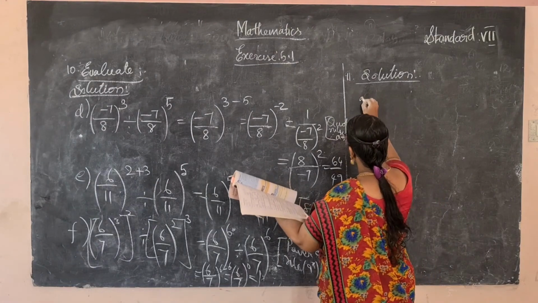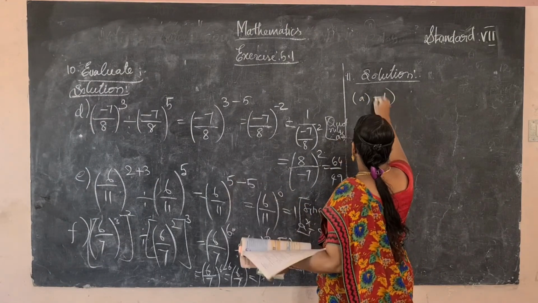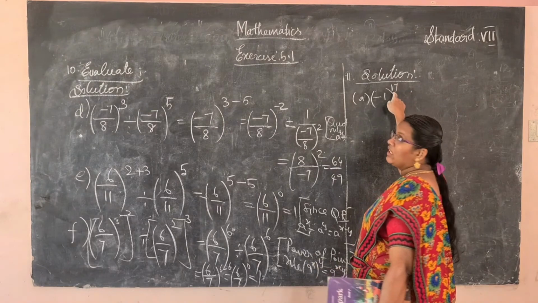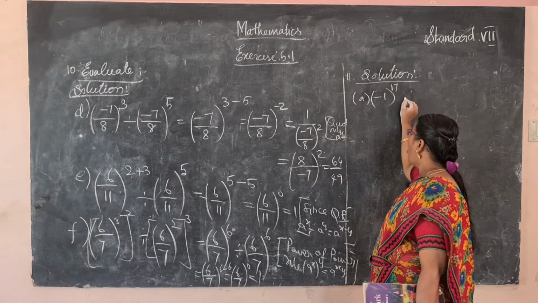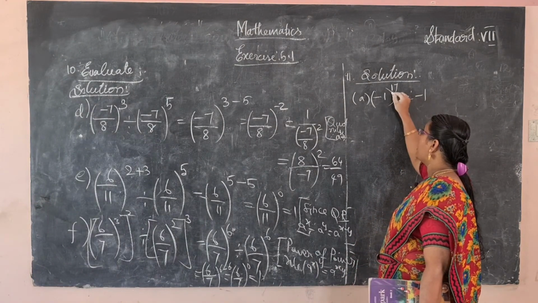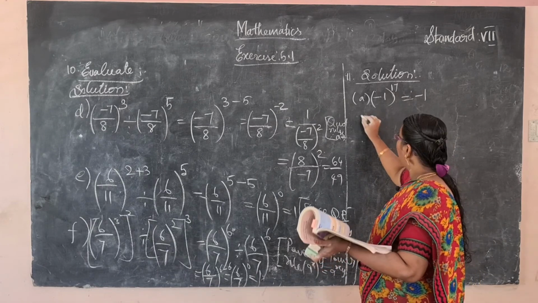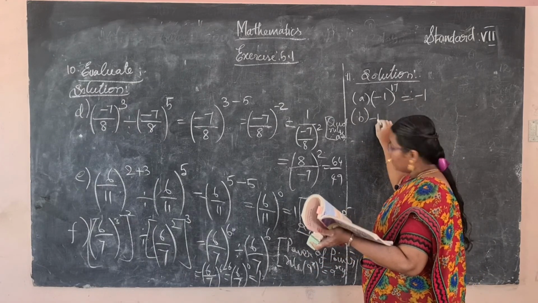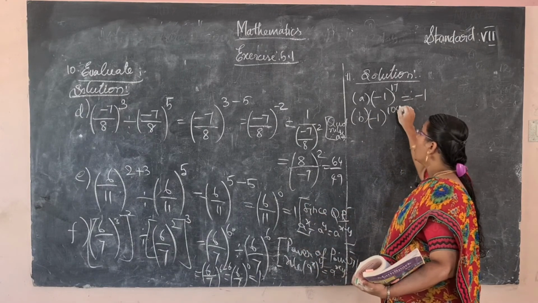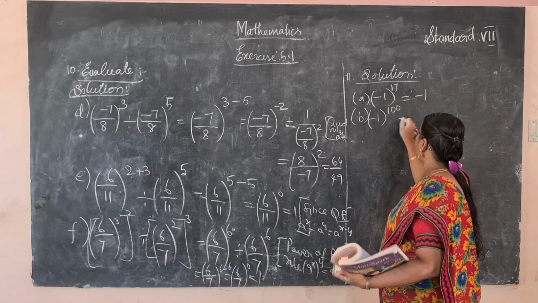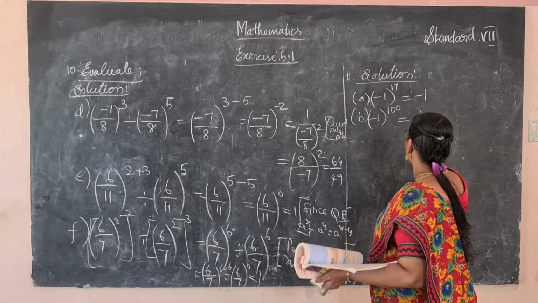So the first one, minus 1 power 17. 17 is an odd number, so we get the answer minus 1. And B problem, minus 1 the whole power 100. 100 is even, so we get 1.